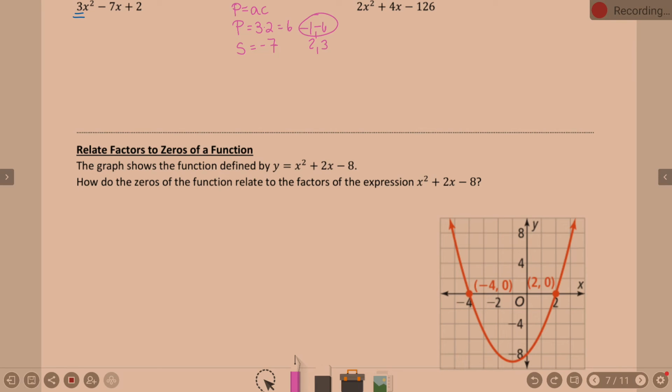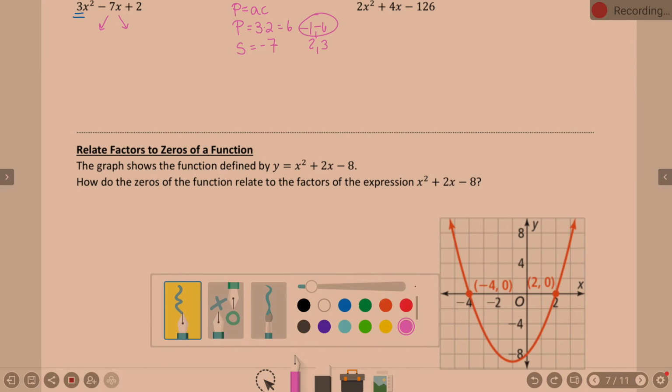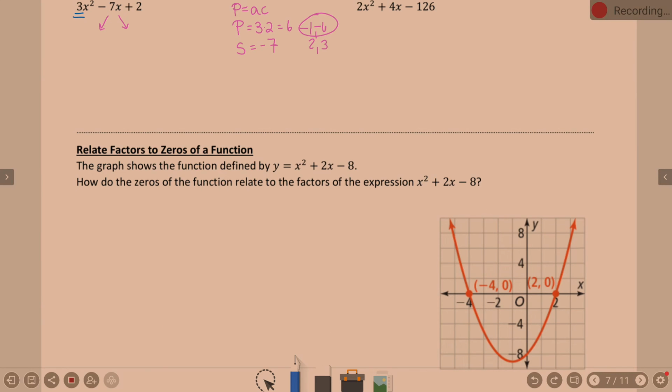Okay, guys, what do I do with that negative 1 and negative 6? We're going to split that middle term. Practice this with me, because this is the piece that people always forget. So 3x squared, I'm just going to carry down. Minus 7x.